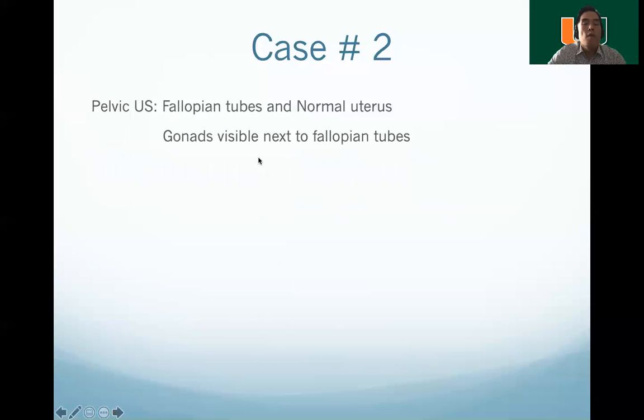So we send a pelvic ultrasound. You notice fallopian tubes, a normal uterus, and gonads visible next to the fallopian tube. What can we conclude from just this information?